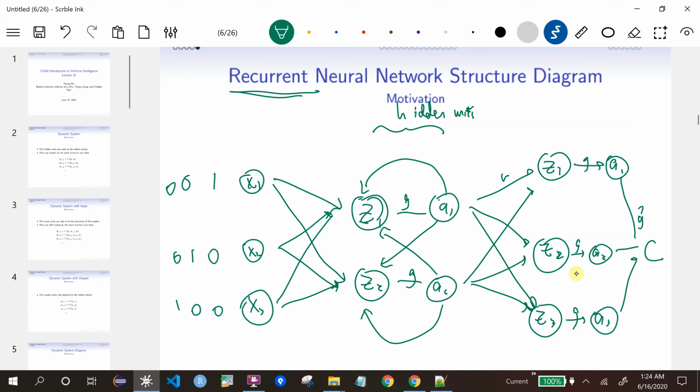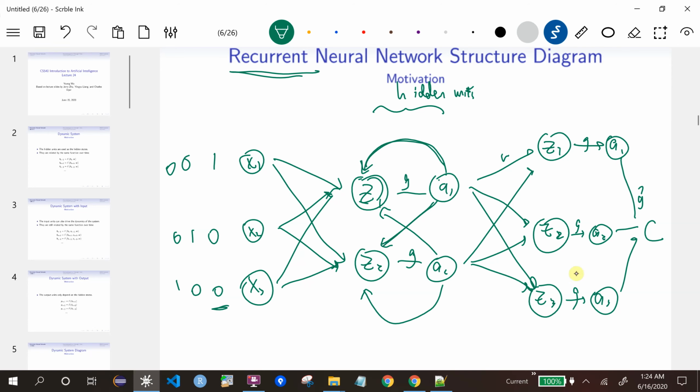Basically, we keep track of this, and we feed in different words into the network. And in the next one, there is a link, kind of weights between the previous hidden units and the next hidden unit for the next word. So basically, it's recurrent and it's connected that way.